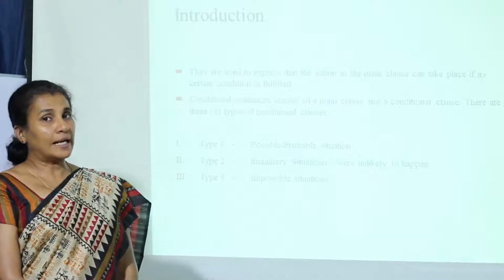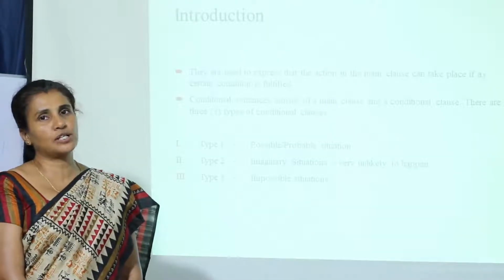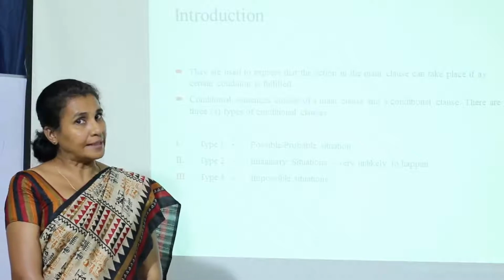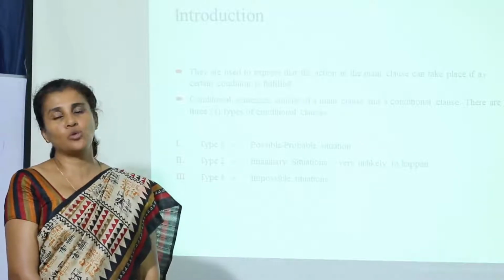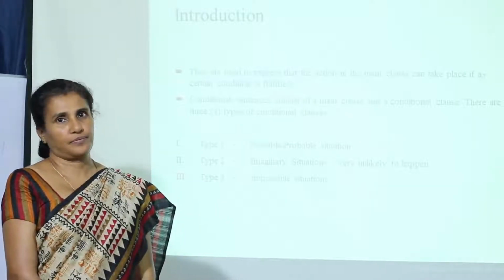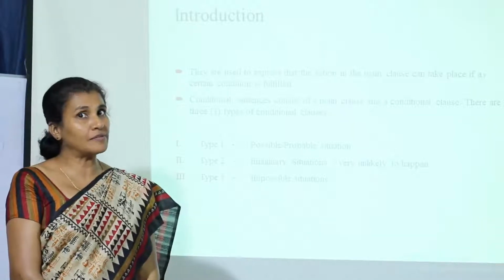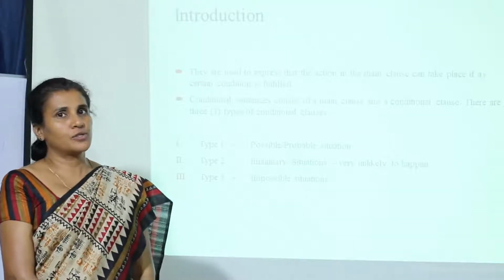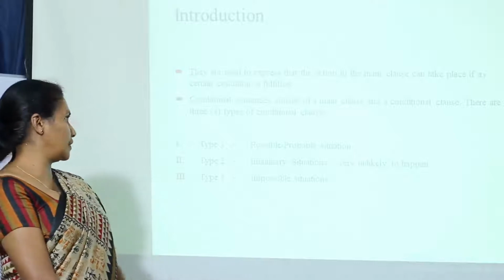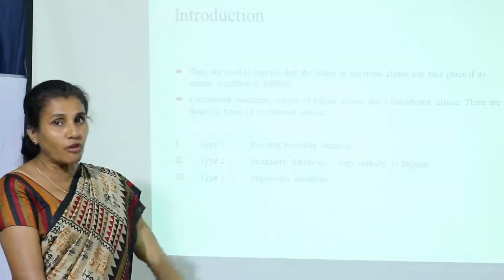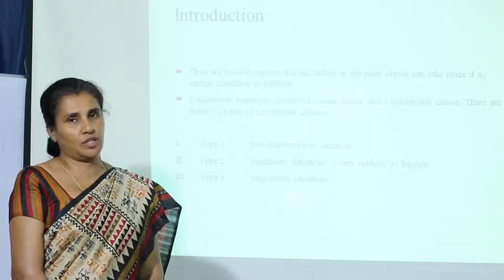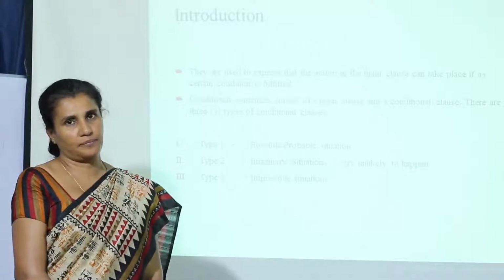So there are three types of conditional clauses. We call them type 1, type 2 and type 3. The grammar rule is very much important. Type 1 is the probable situation, the possible situation.